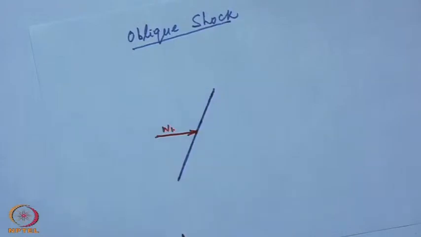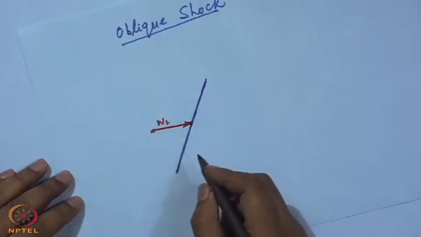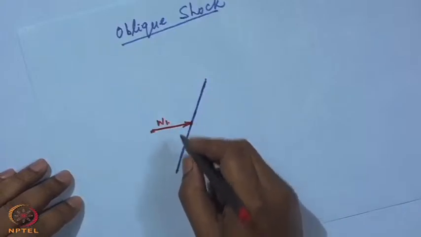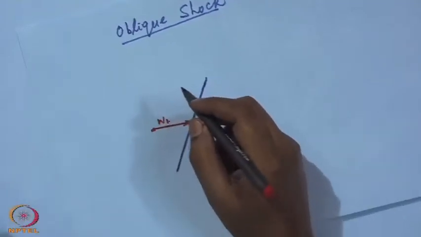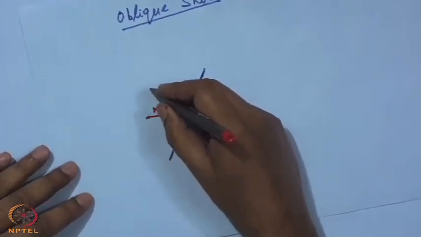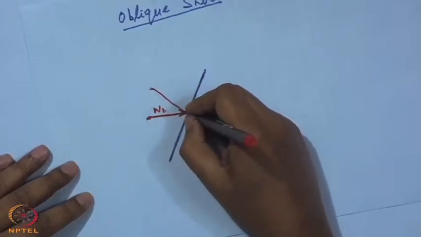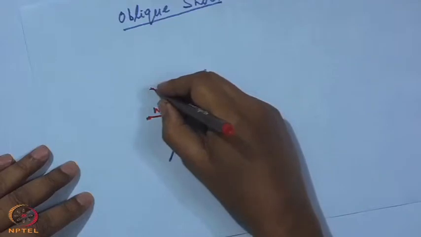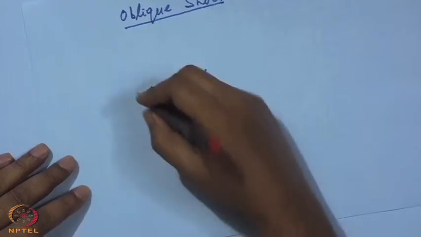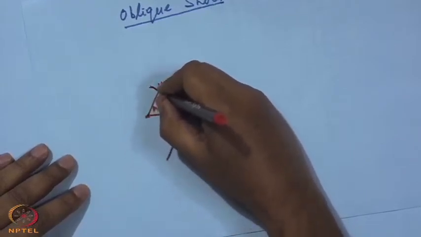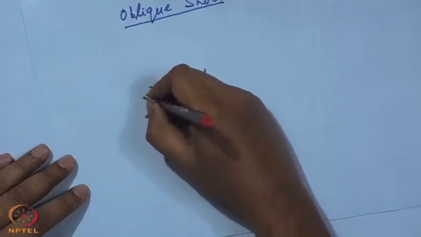Now, we can resolve this velocity into two components, where one is normal to the shock, and let us say this component is u1, and the other component is parallel to the shock. We call this v1.